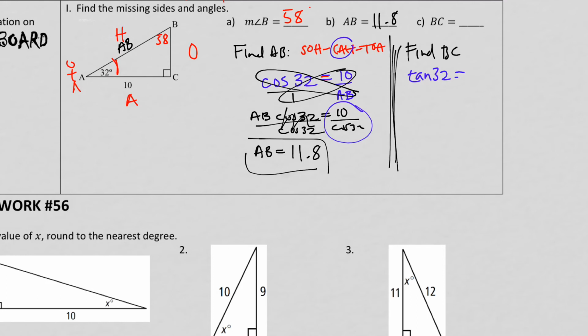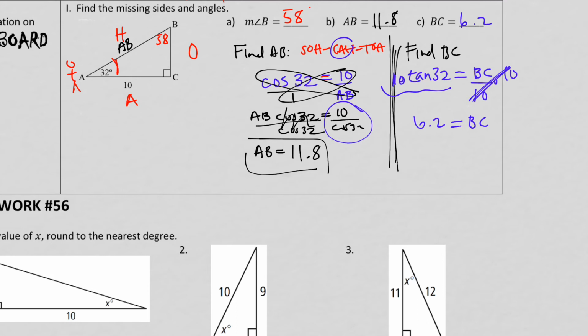Equals opposite, which is BC, my unknown side, over adjacent, which is 10. I'll multiply both sides by 10. So I'm going to type in 10 times tangent of 32. And if I do that, I can compute that BC is approximately 6.2 units.